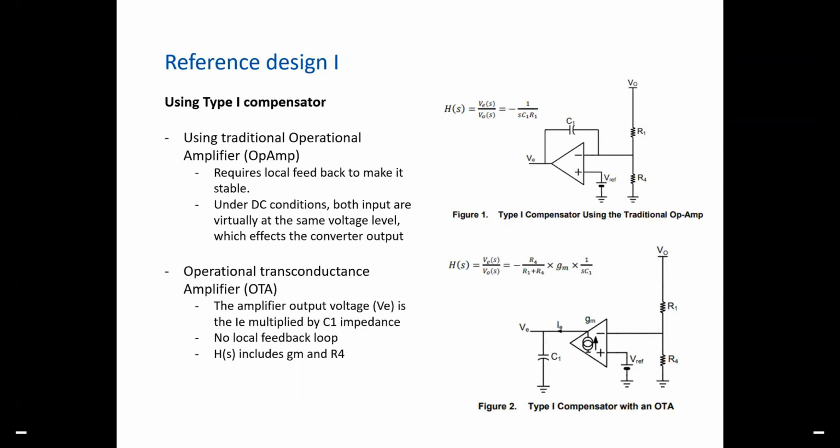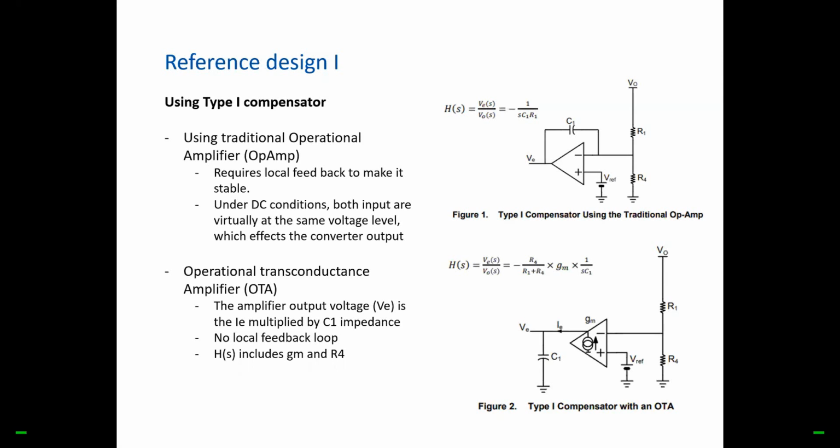On the right-hand side, you can see there's local feedback at the output of the op-amp connected back to the negative input of the op-amp. Under DC conditions, both inputs are virtually at the same voltage level, thanks to the golden rule of the op-amp.